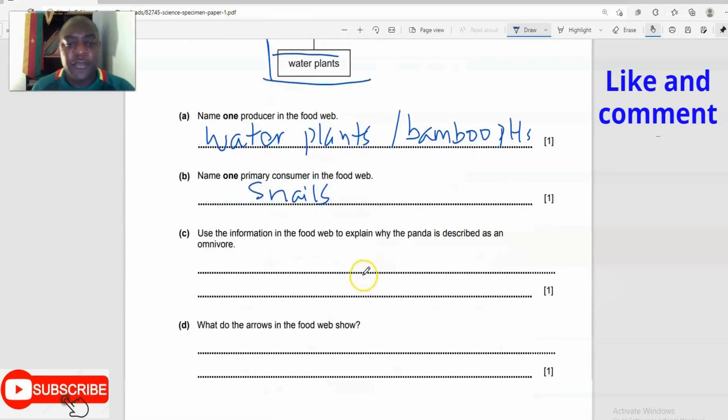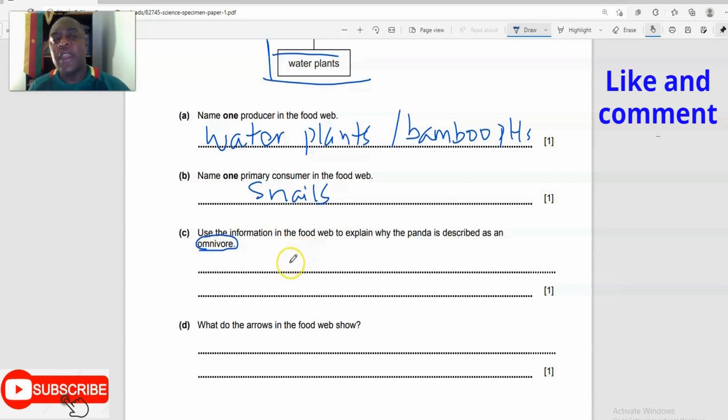Then it says, use the information in the food web to explain why a panda is described as an omnivore. That's the keyword, omnivore. What does an omnivore mean? An omnivore is a consumer, an organism that can eat both plants and animals.